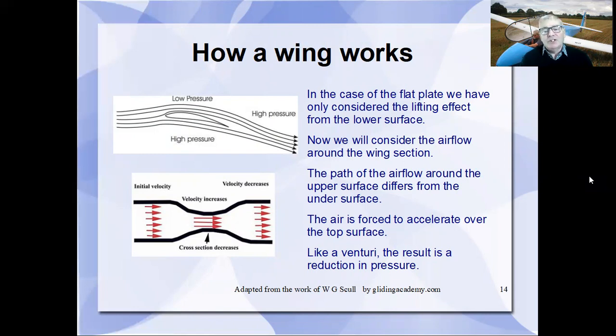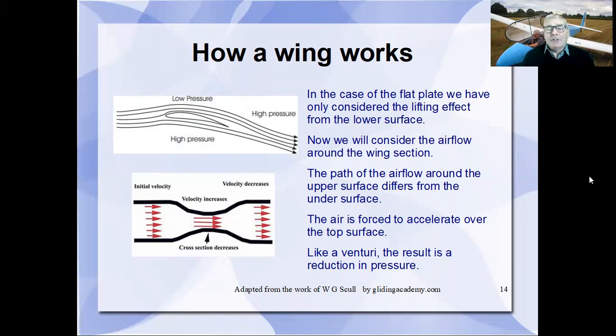But now I'd like to consider the airflow around the whole wing section. The path of the air travelling over the upper surface is not the same as the path of the air travelling on the undersurface. And if you look at the venturi, you can see that air is funneled. It's going through a wide mouth, if you like, and then being forced into a narrow channel.